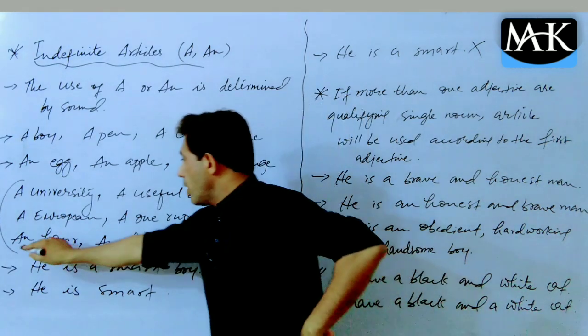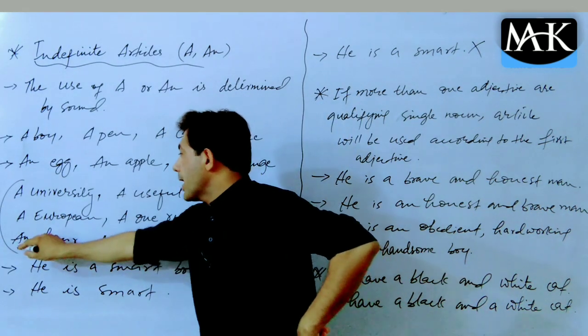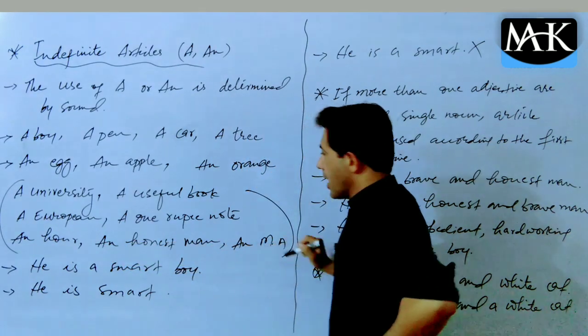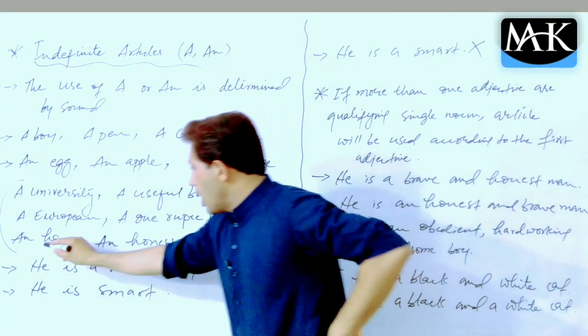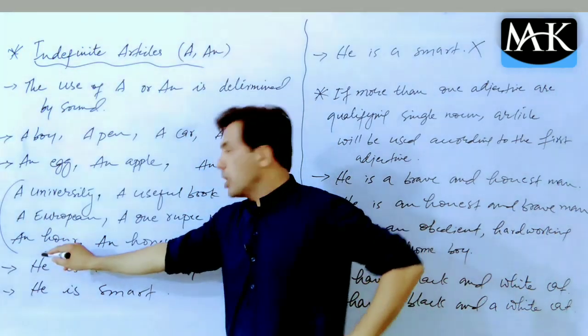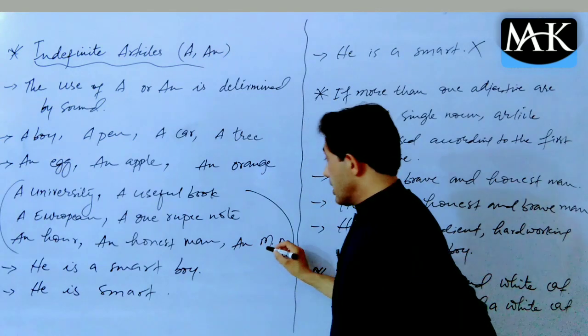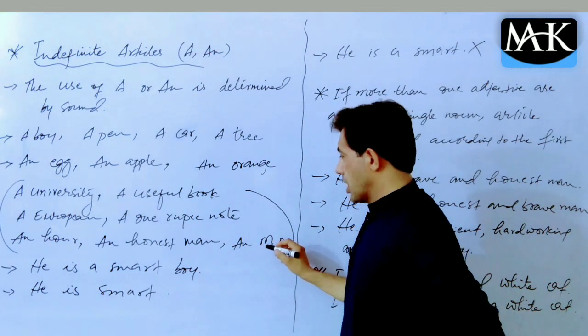And here we go, an honest man, an MA. Now there's H, which is a consonant, and there's M, that is also a consonant.